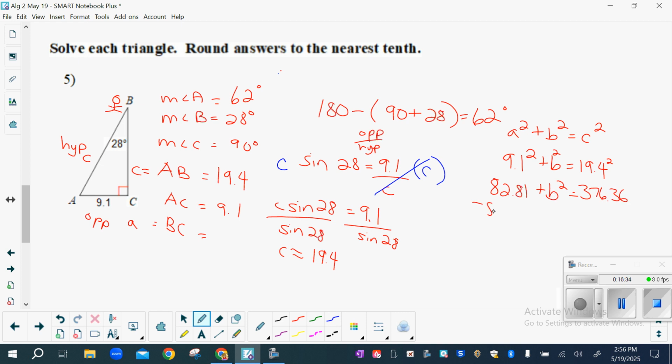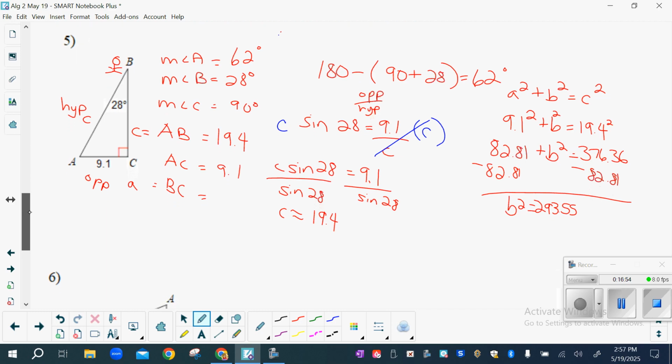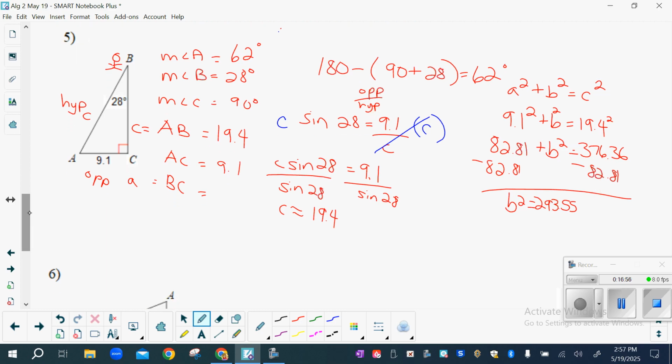So we subtract 82.81. And so what do we do to find B?